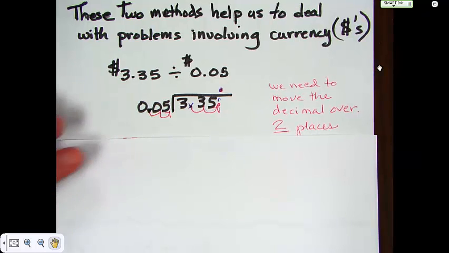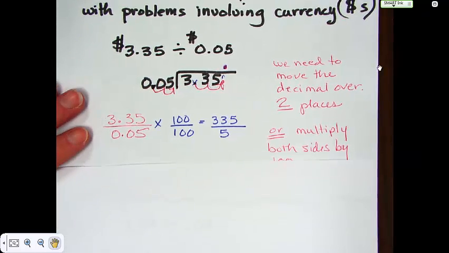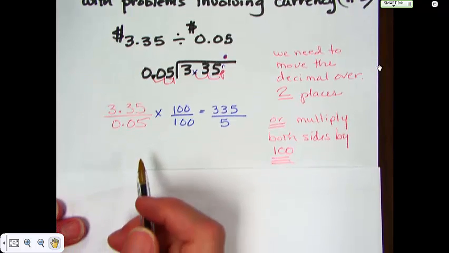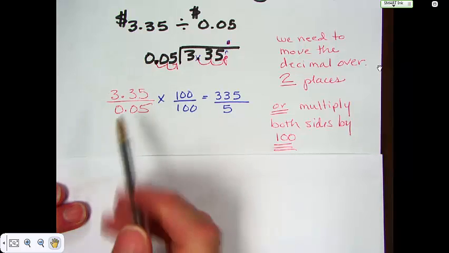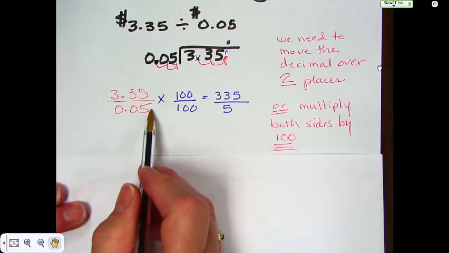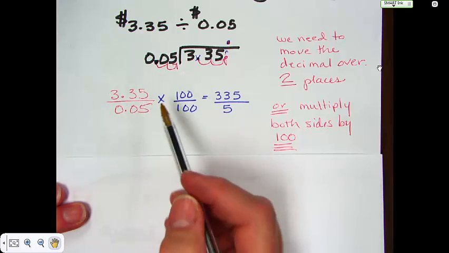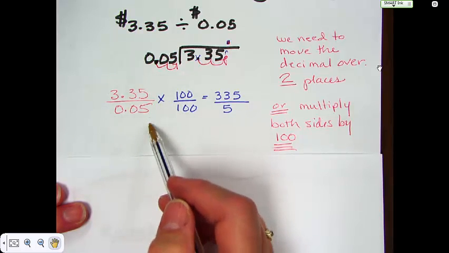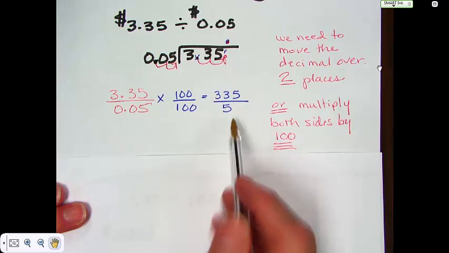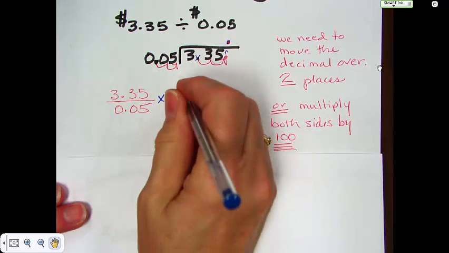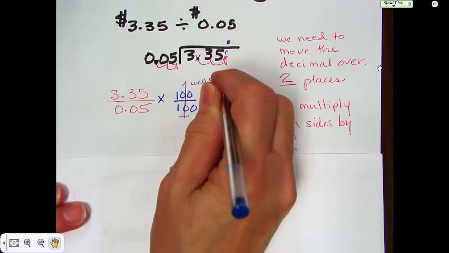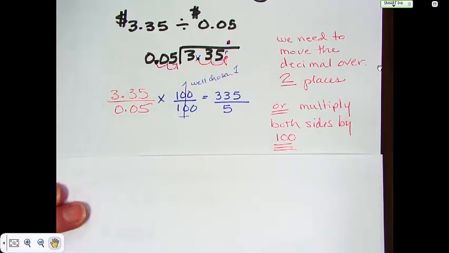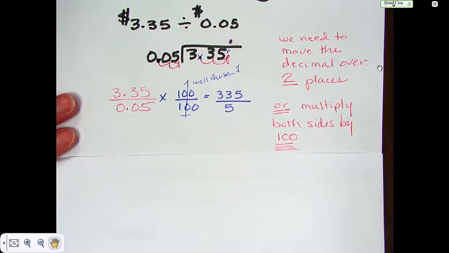Pretty easy, but this is the same as multiplying both sides by 100. So if this is confusing to you, here's another way to approach it. We know this needs to go two places to the right, which is the same as multiplying it times 100. So if we multiply the top and the bottom by the same, we end up with 335 over 5. Remember that this is that well-chosen 1. Doesn't change the value, just multiplies by the same.